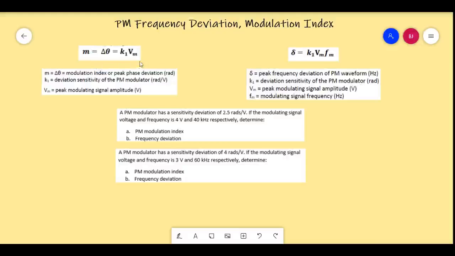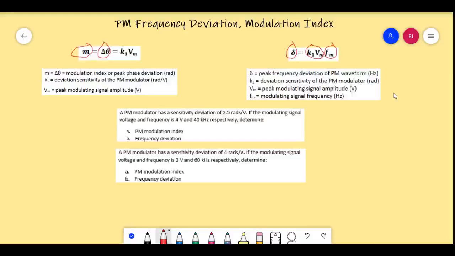But for PM, this is the phase deviation, which is also our modulation index. Once we get the modulation index, which is denoted by K1 multiplied by Vm, we can multiply it by our modulating signal frequency, and then we will be able to get our frequency deviation.